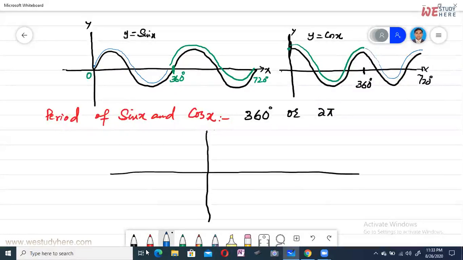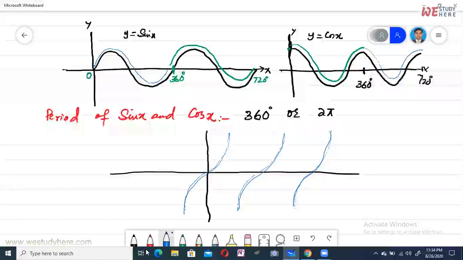That was like this, then like this here, and here like this. This is the same shape, then this is again the same shape, and this is again the same.